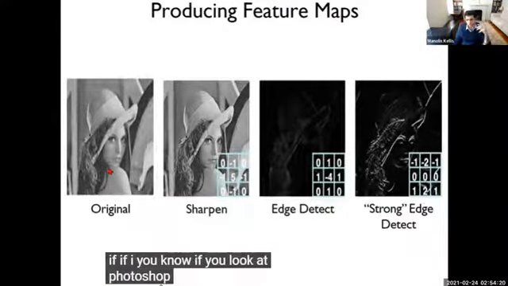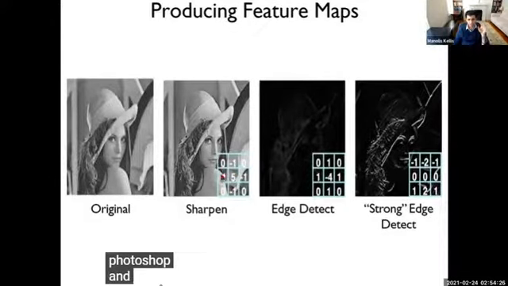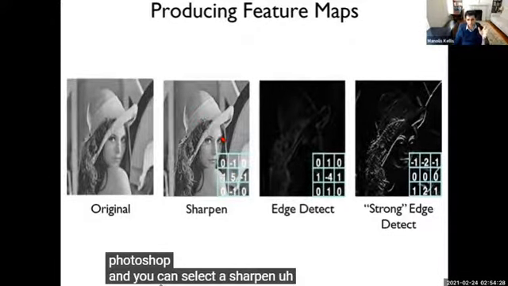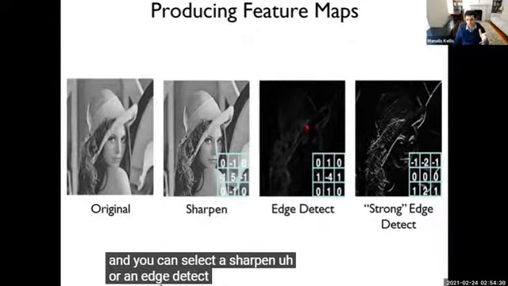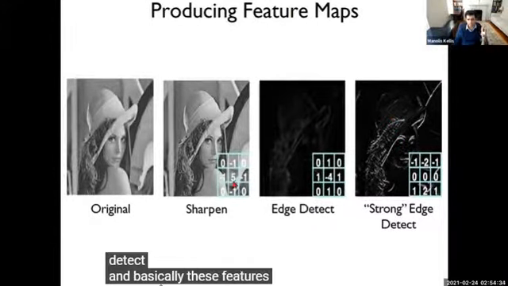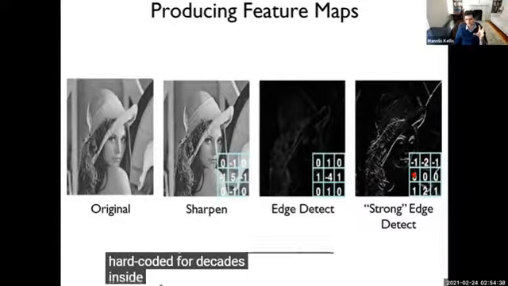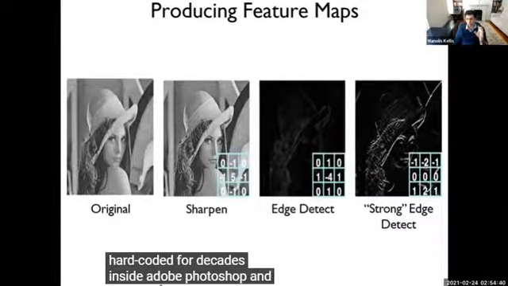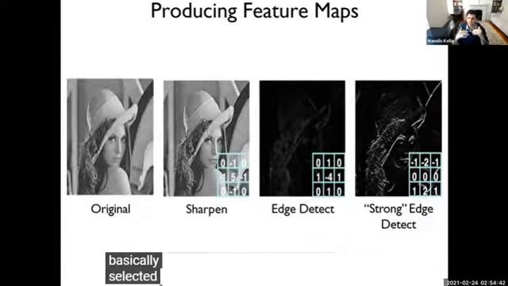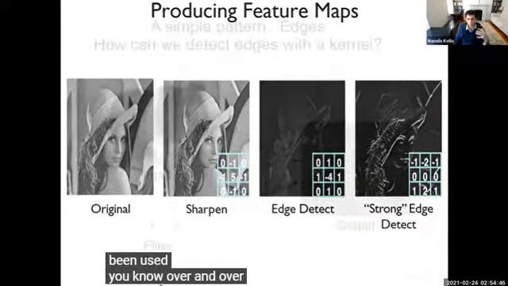Okay. So if you look at Photoshop, for example, you can select different filters inside Photoshop, and you can select a sharpen or an edge detect or a strong edge detect. And basically these features have been hard-coded for decades inside Adobe Photoshop, and people have basically selected hard-coded features that have been used over and over again.